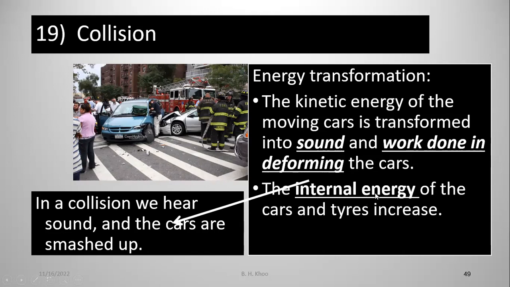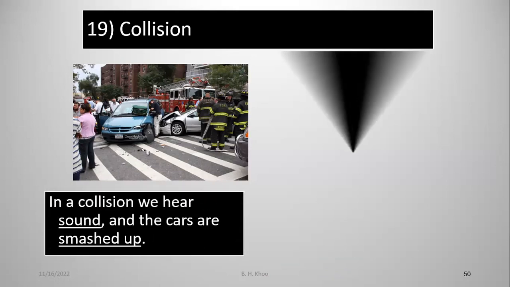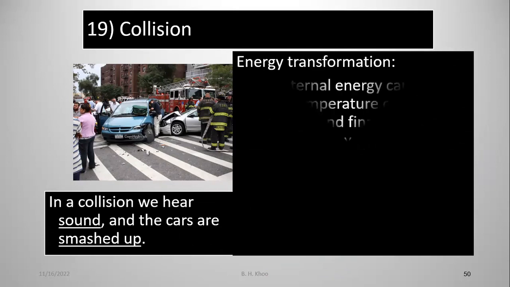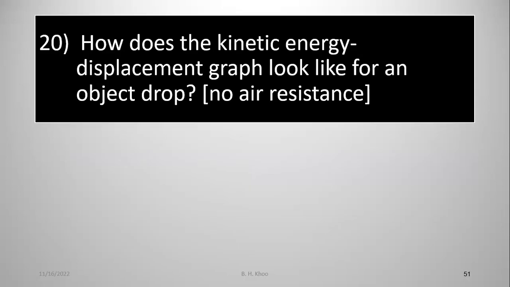When it's warm, it loses thermal energy to the air. Internal energy causes a rise in temperature of the cars and tires, and finally is lost as thermal energy to the surrounding air, increasing the internal energy of the air. That means the air moves faster because there's an increase in kinetic energy.